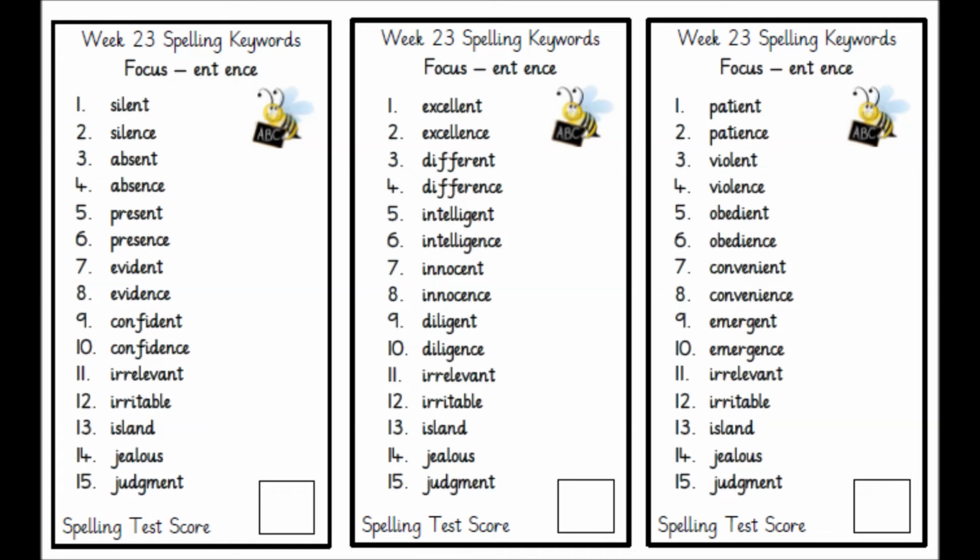And finally, judgment. Now, judgment is a funny word because if you were to write the word judge, you would spell it J-U-D-G-E. But notice when the suffix ment is added, the E disappears. Now, if you add the E in, that makes you American. And American spelling is wrong spelling as far as us here in Scotland are concerned.